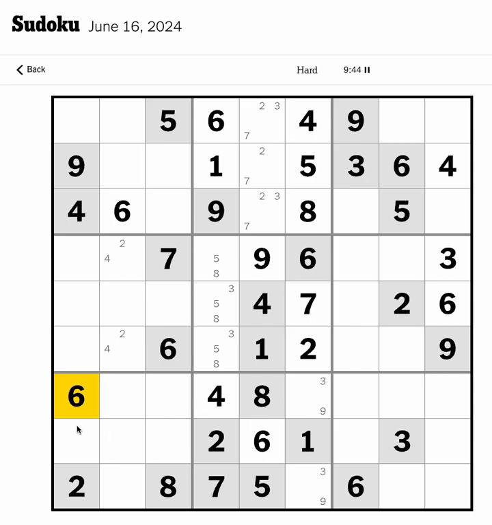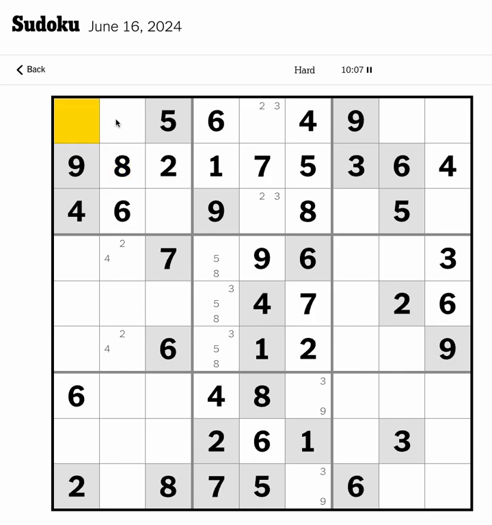Okay, what would be the next step? 2, 7, 8. Okay, 7 and 8 blocks this cell, so it gives me 2 here, gives me 7 here, and gives me 8 here. 8, 8.